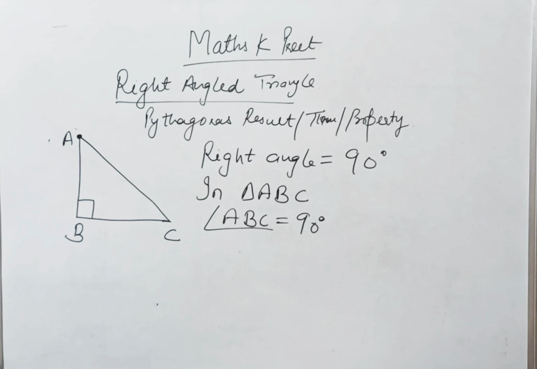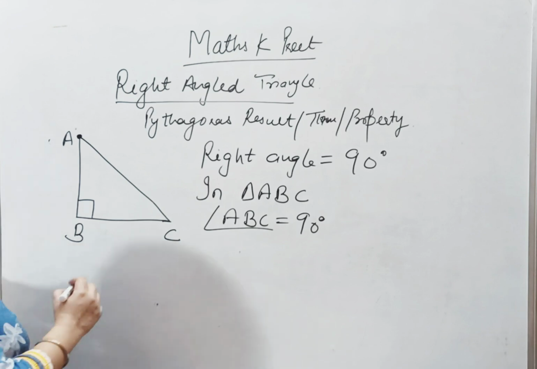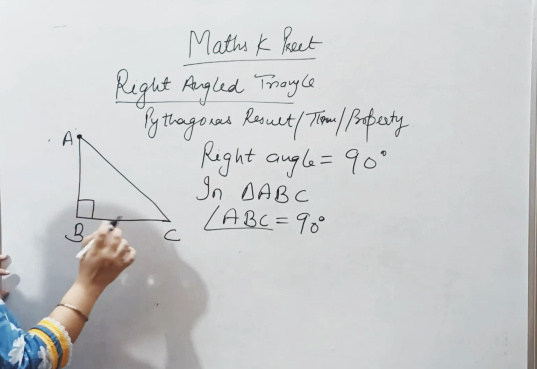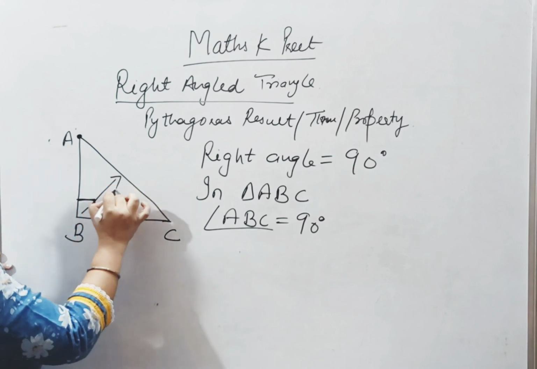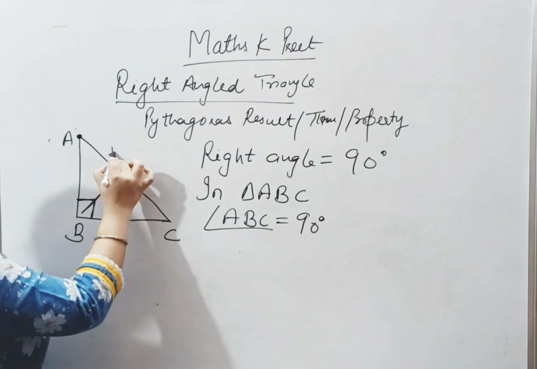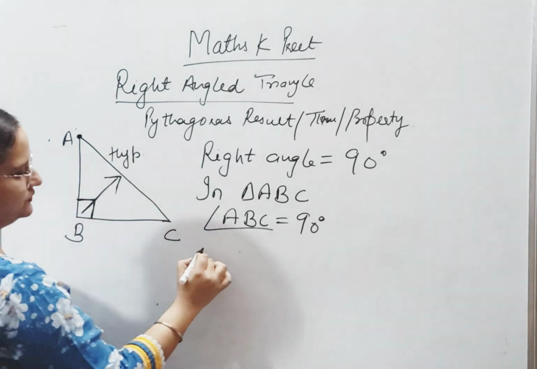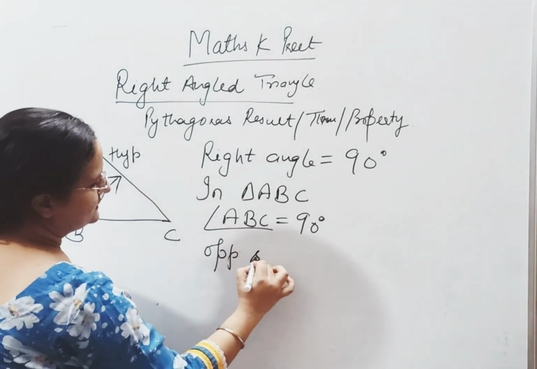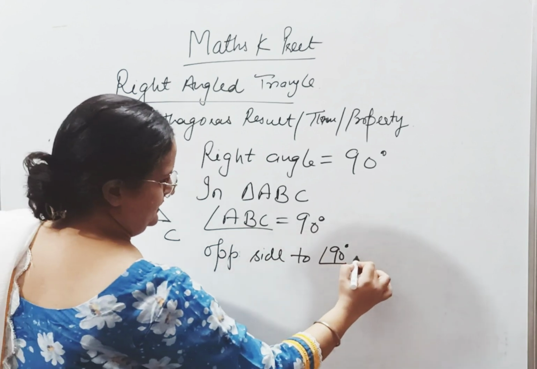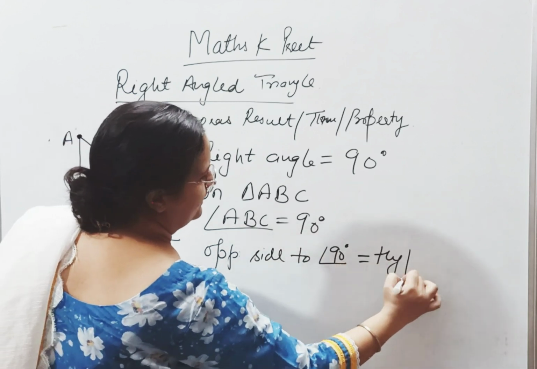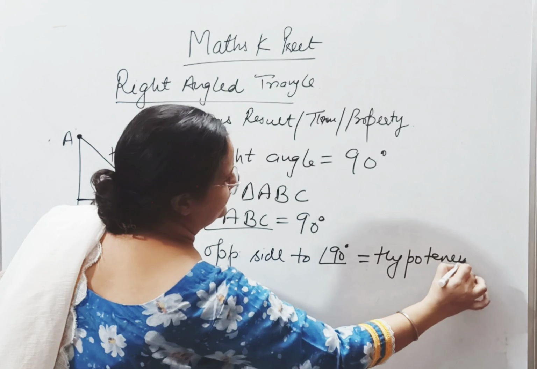So in this triangle, if we know any two sides, with the Pythagoras result we can find the length of the third side. Here, these three sides have particular names. The side opposite to the right angle, opposite to angle 90 degree, is called hypotenuse.